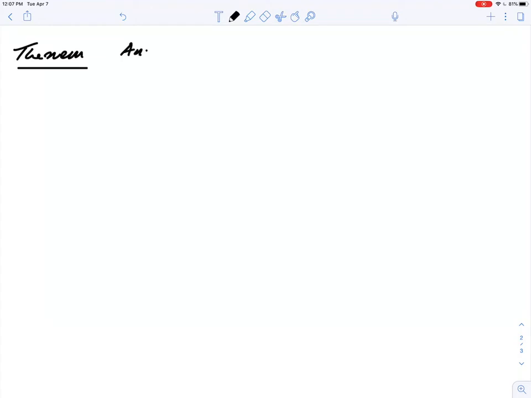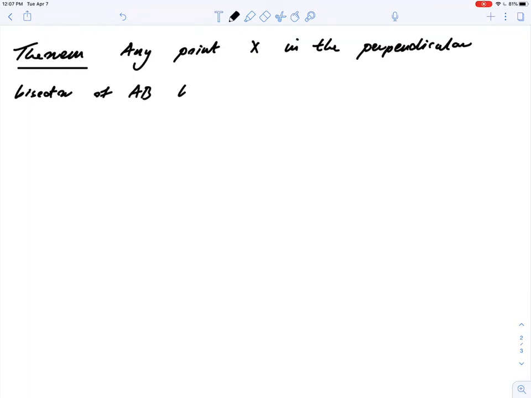Any point, let's say x, on the perpendicular bisector of a line segment AB has the property that the distance is the same from x to A and x to B. So it's equidistant from A and B. Okay, so let's prove this.